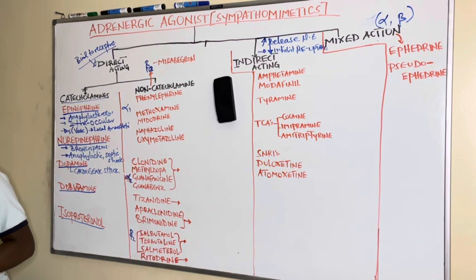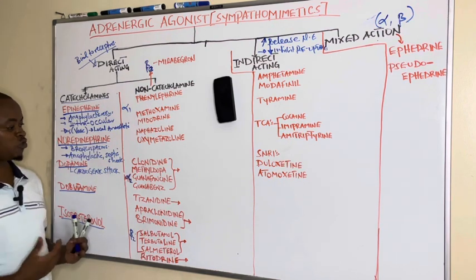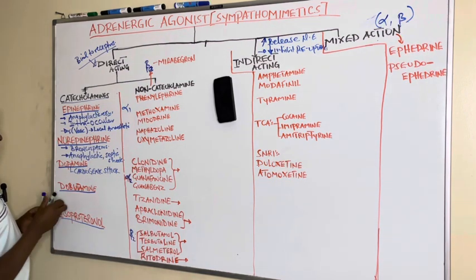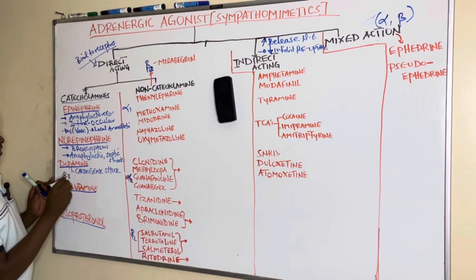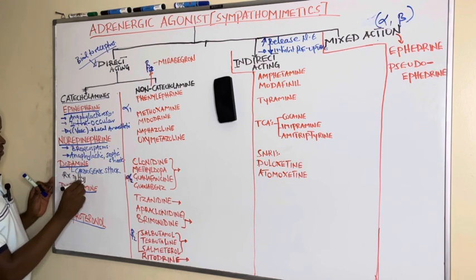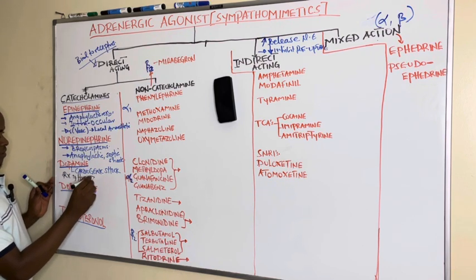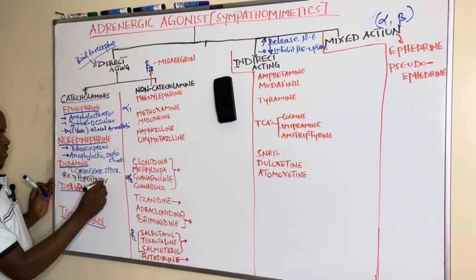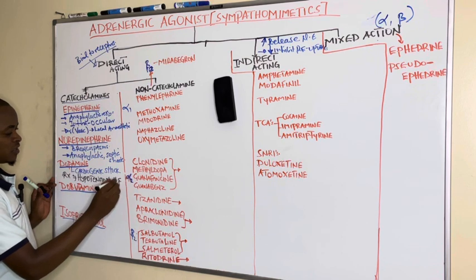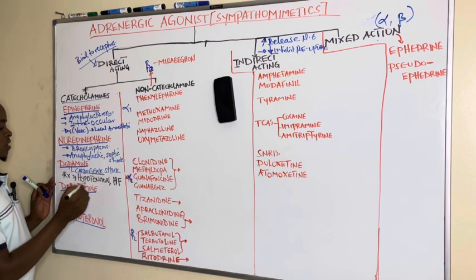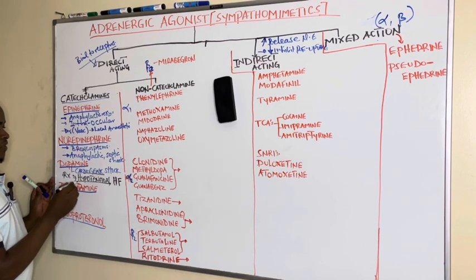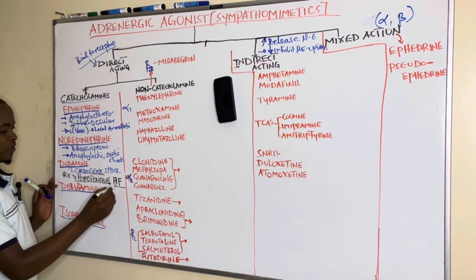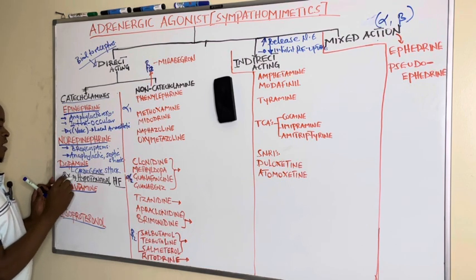Another application of dopamine is in the treatment of hypotension, not hypertension, but hypotension. In incidences of heart failure, we can also apply this. So for cardiogenic shock, people with hypotension, that is decreased blood pressure, and people with heart failure, we can apply dopamine.